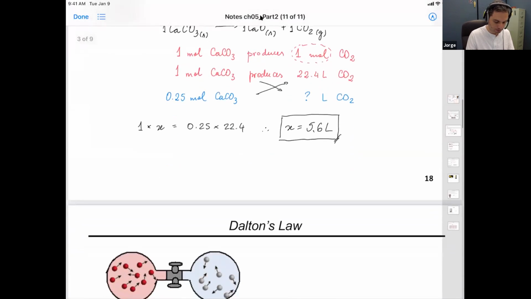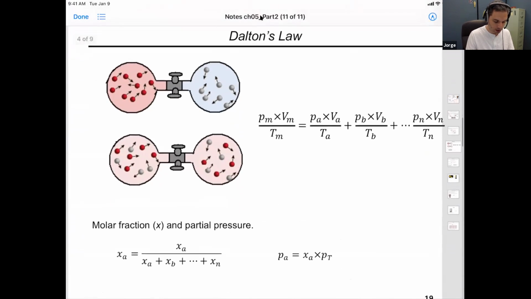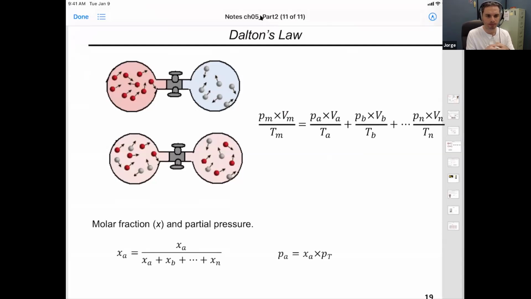Okay, so now let's talk about Dalton's law. If we have two flasks with different gases and we open a valve, the two gases will mix, and Dalton's law will predict the pressure, volume, and temperature of the mixture. Okay, so it's pretty similar to the gas transformation equation.